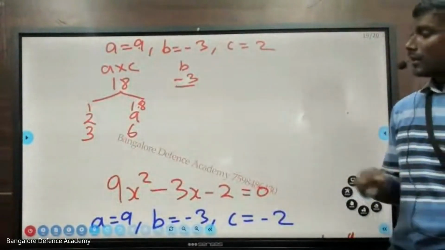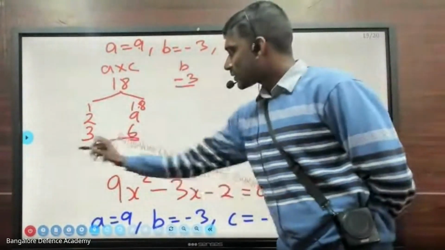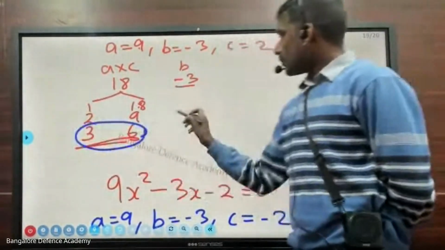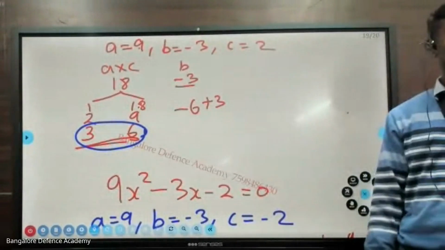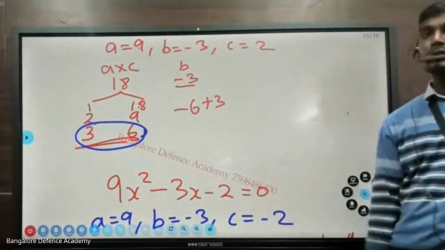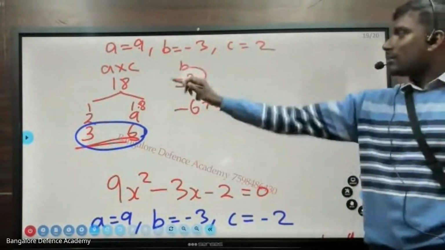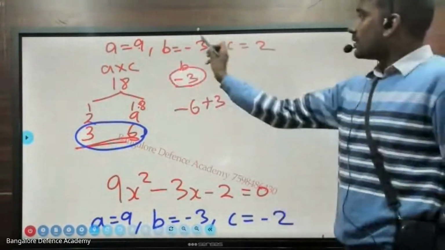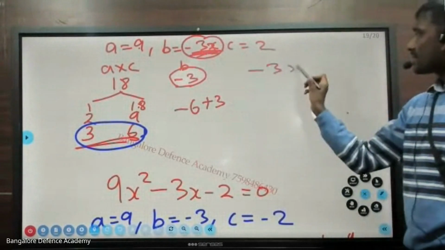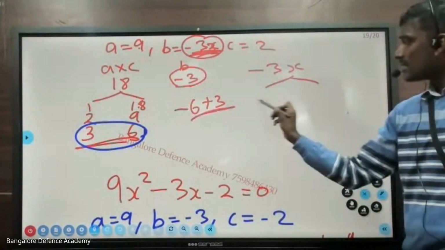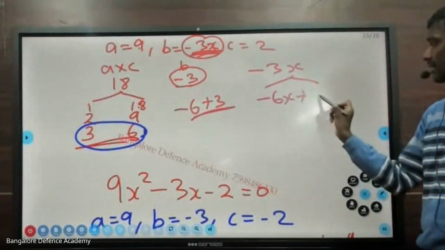Now stop. Can I write this number as minus 6 plus 3? Now tell me, minus 6 plus 3 is how much? Minus 3. I got it. This means this minus 3x can be written as minus 6x plus 3x.